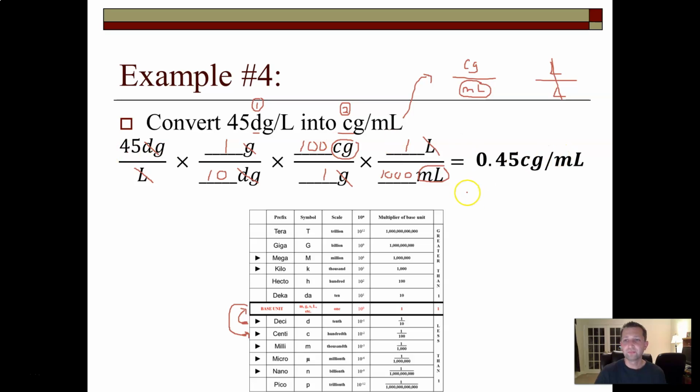Yeah, looks good. So that's how you do it. It's factor labeling. None of the other practice problems you're going to have stray too much from what we're doing here. So I went through 4 examples from the easiest all the way up through a double unit, which is really a density, a mass over volume.